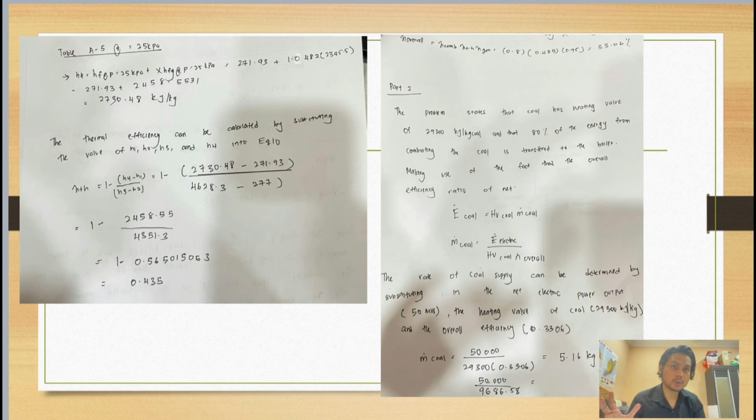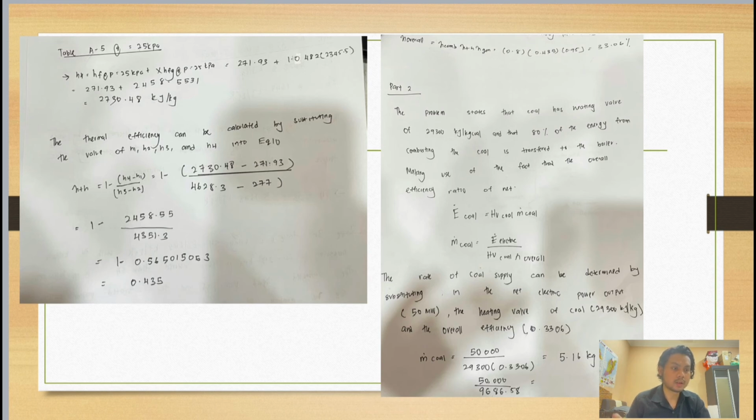Question 2 was given that 80% of turbine inlet. So with the information given, we can find the overall plant efficiency by substituting the thermal efficiency into this equation. So N overall equals N turbine times N thermal times N generator.